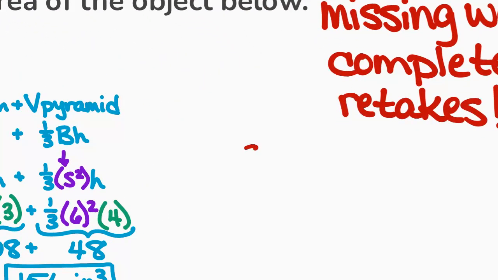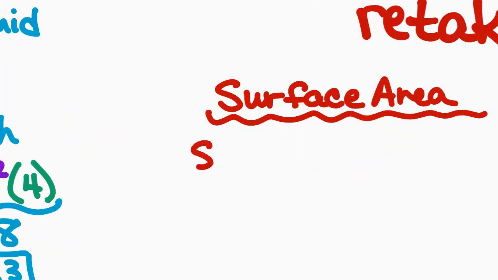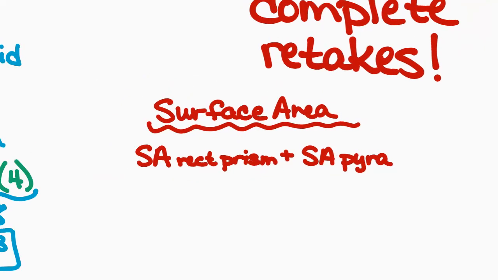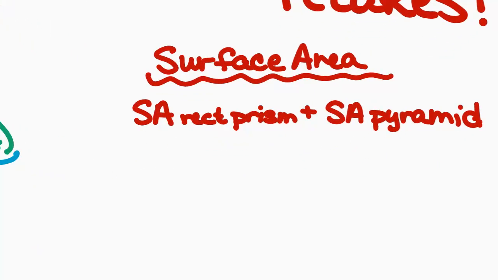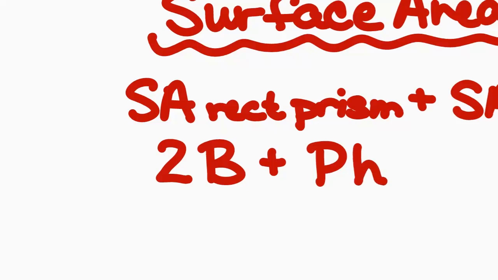Next up is surface area. So just like with volume, we're going to need the surface area of the rectangular prism plus the surface area of the pyramid. How do we find surface area for a prism? 2 times the area of the base plus the perimeter times the height.